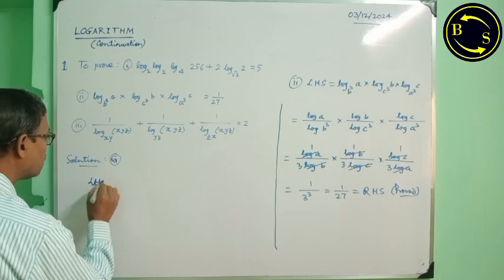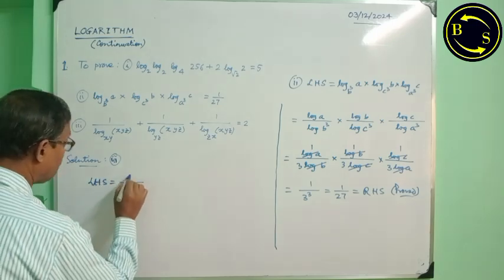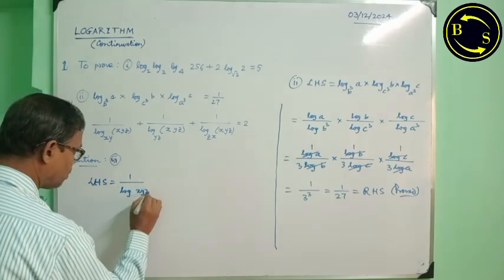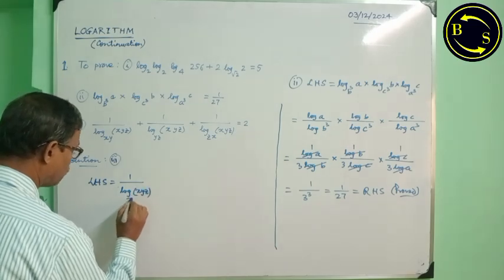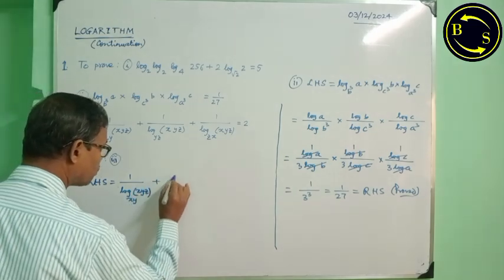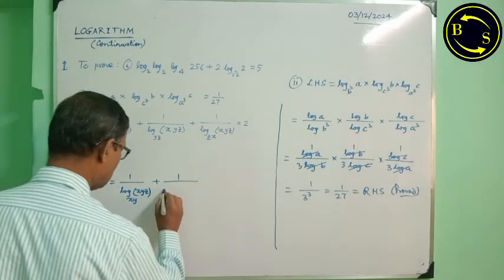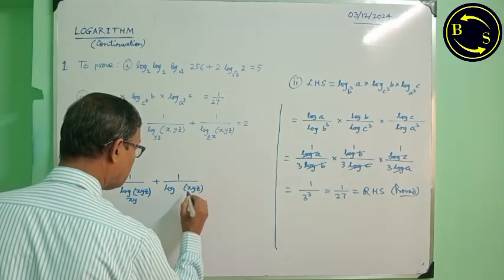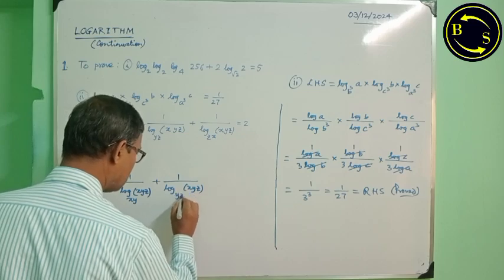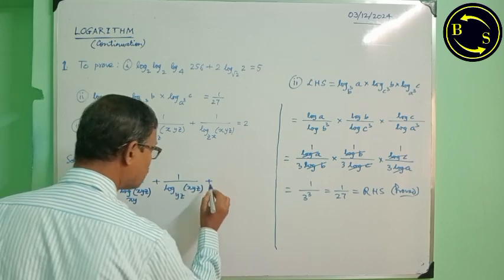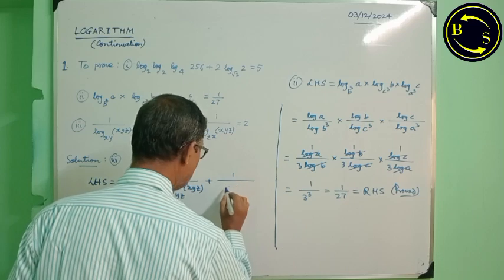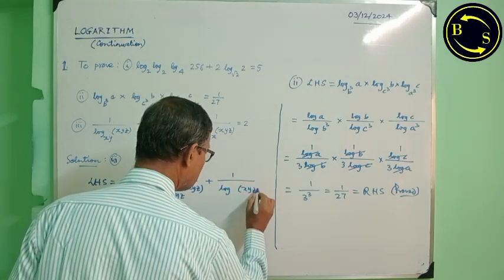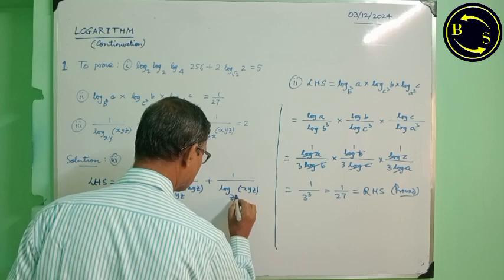LHS: 1 by log of xyz to the base xy, plus 1 by log of xyz to the base yz, plus 1 by log of xyz to the base zx.